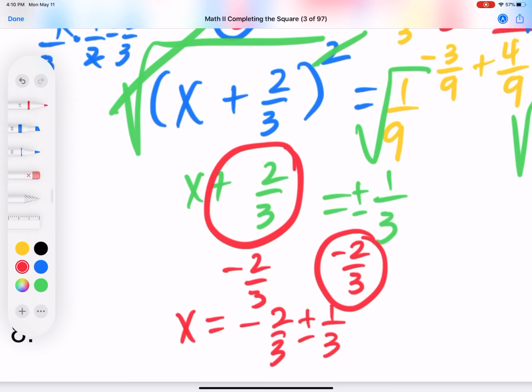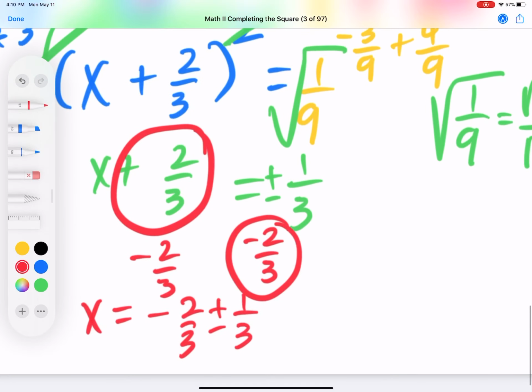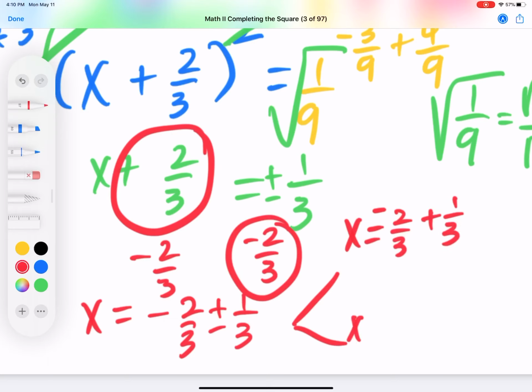Okay, now I'm not going to leave it like that. I can actually split it up into 2 solutions. So I'm going to have x equals -2/3 plus 1/3, and the other one is x equals -2/3 minus 1/3. So the plus or minus gets split up into 2 different solutions. Okay, I can actually combine these.